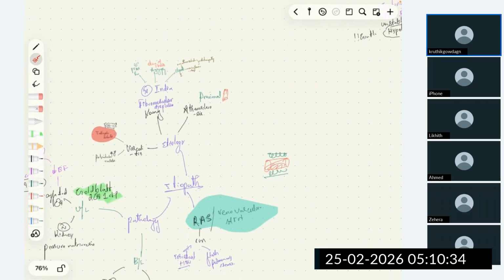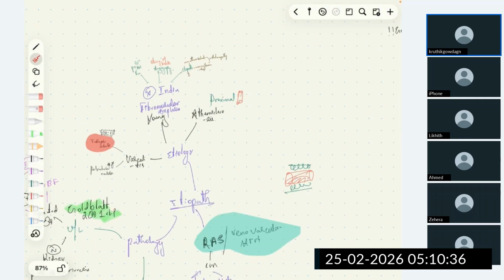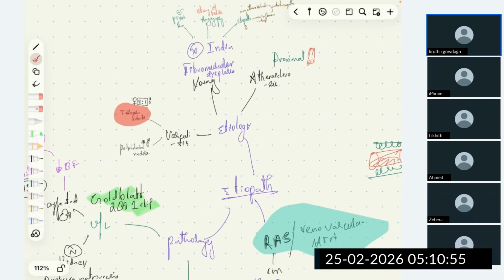Another important cause of renal artery stenosis in young patients, in non-Indians, not commonly seen in Indians, is fibromuscular dysplasia. The term tells us there is fibromuscular dysplasia surrounding the blood vessel. And the other important cause of renal artery stenosis is vasculitis. Right?